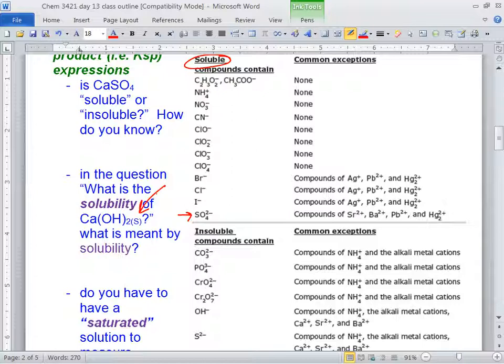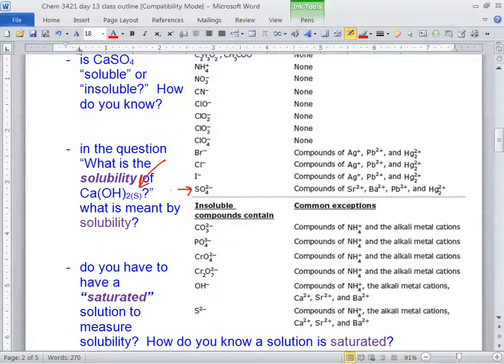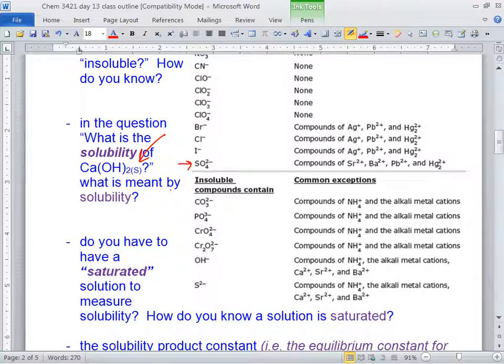Carbon dioxide's solubility in the ocean. Well, the degree to which it dissolves in the ocean. If it's highly soluble, then it'll take 8 gigatons, no problem, per year. So that's kind of what we're interested in. So if we're talking about solubility, do you have to have a saturated solution, Kelly, to be talking about solubility?